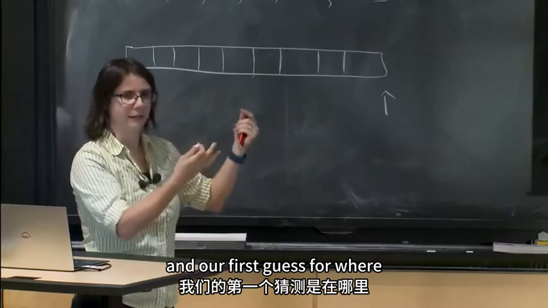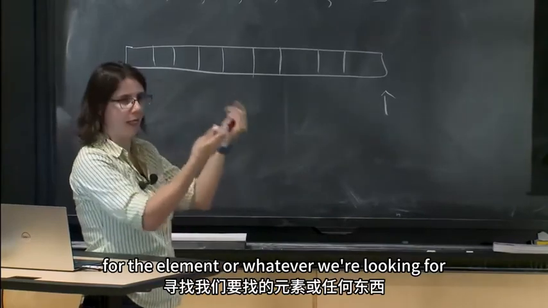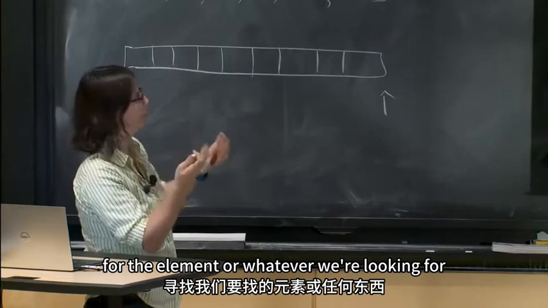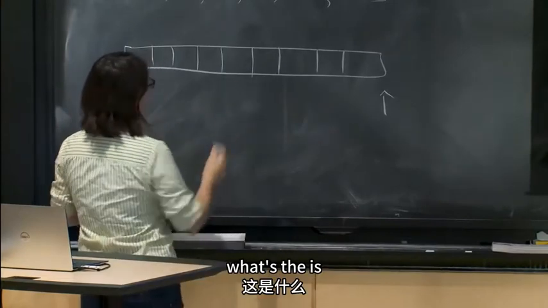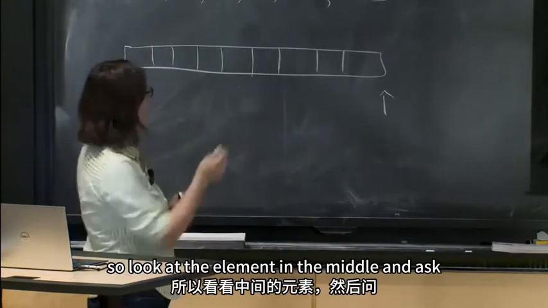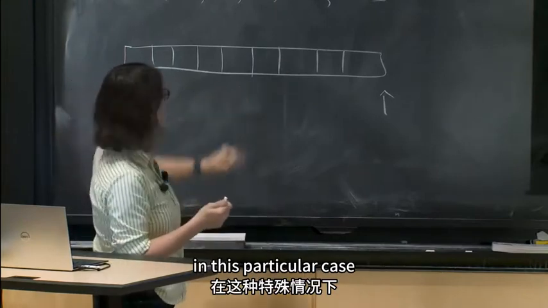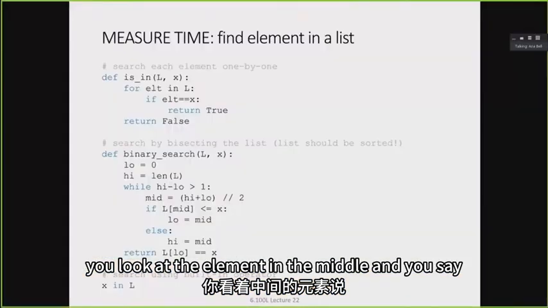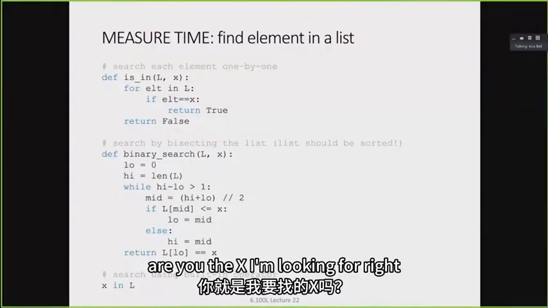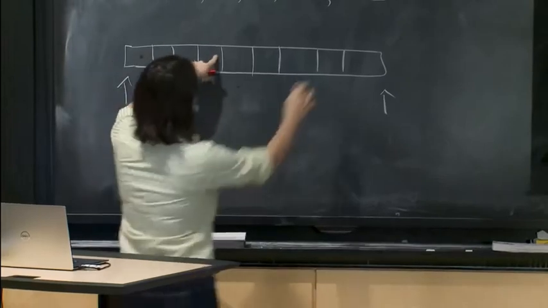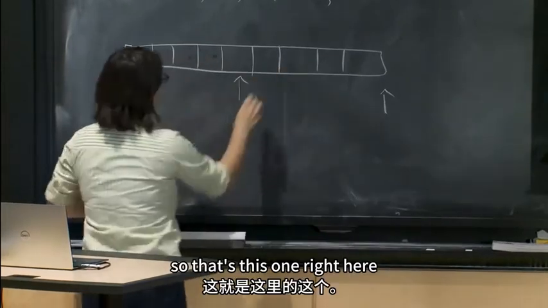Our first guess is to just say, is it the middle element? So look at the element in the middle and ask, are you the X I'm looking for? So that's this one right here.